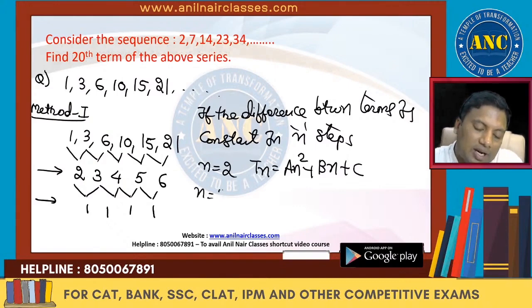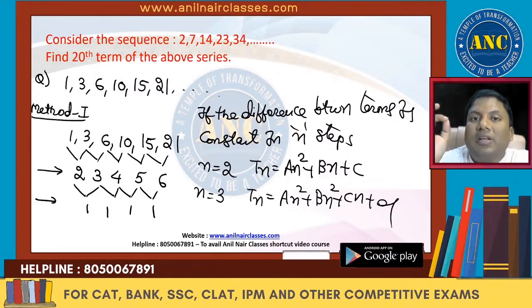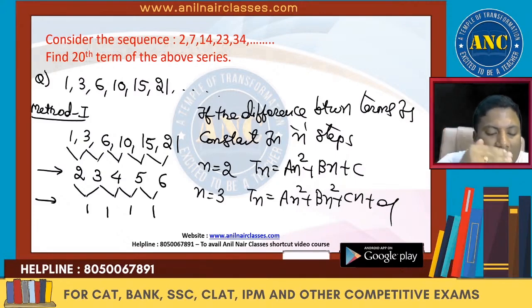If it is constant in 3 steps, then Tn will be an cube plus bn square plus cn plus d. Very, very important key point. If the difference between the terms is constant in n steps, then the nth term will be a polynomial of degree n.